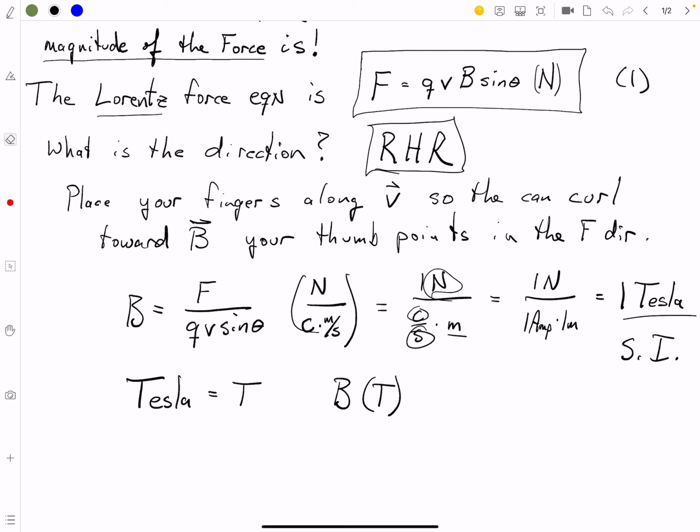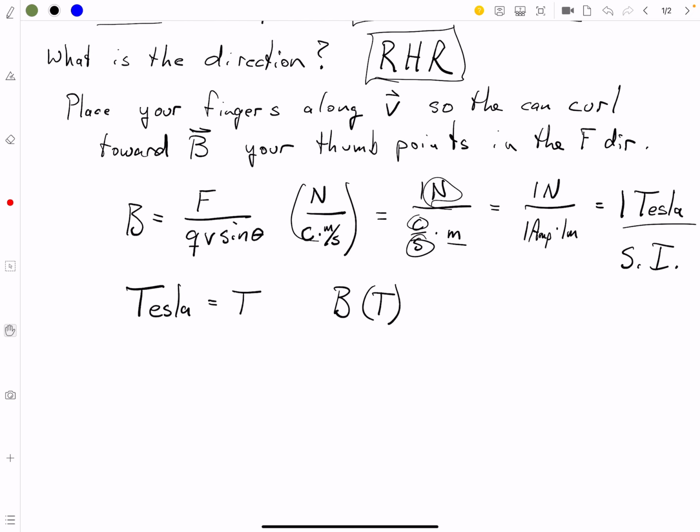One of the other units that gets used is a Gauss. It's another unit that can be used. If you take a Tesla and multiply it by 10 to the minus 4, you'd get a Gauss.